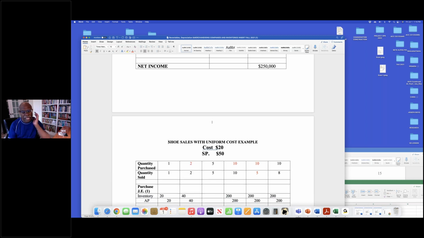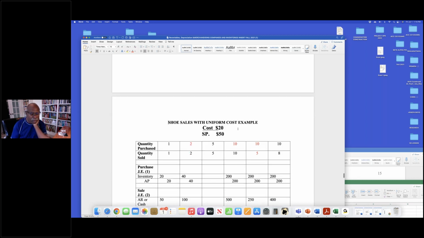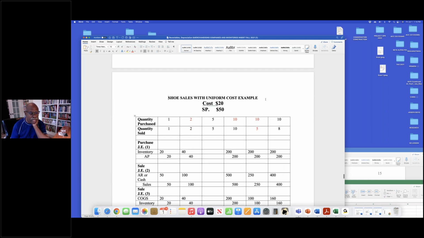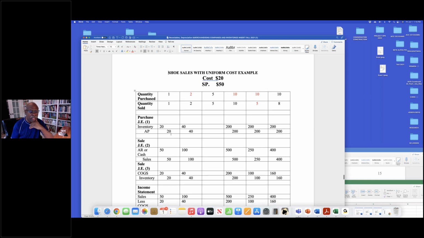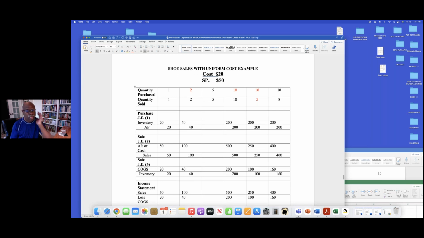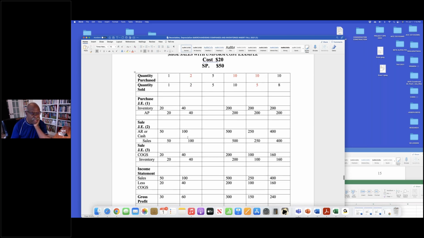We looked at the example yesterday where we sold one pair of shoes. The shoes cost 20, the selling price was 50. The first entry we made as we worked on column one was to buy the shoes. We debited inventory and credited accounts payable for 20. Then when we sold the shoes, we made two entries.